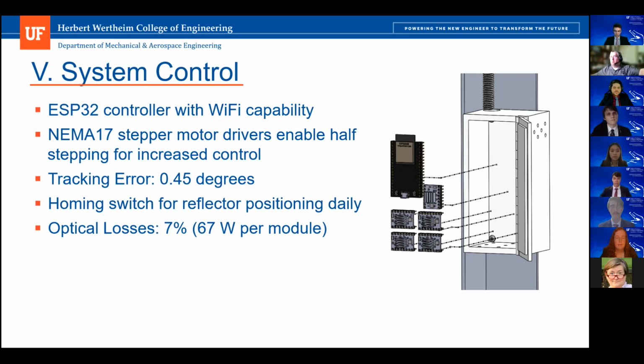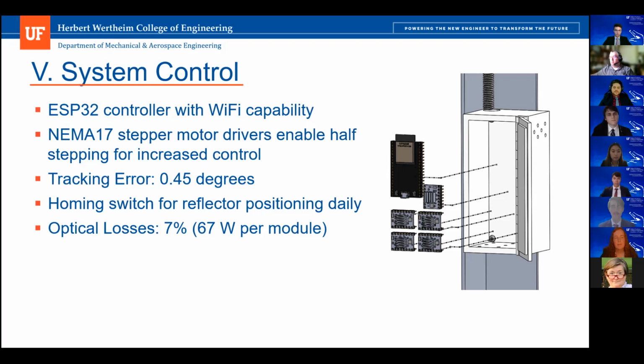The NEMA 17 stepper motor drivers allow for half stepping, which reduces the resolution from 0.9 degrees to 0.45 degrees for the reflector mirrors, and even lower for the azimuth rotation resolution, to 0.11 degrees. The homing switches are used in the control system to send a signal to the microcontroller to reposition the mirror reflectors daily and to keep track of their axial position.